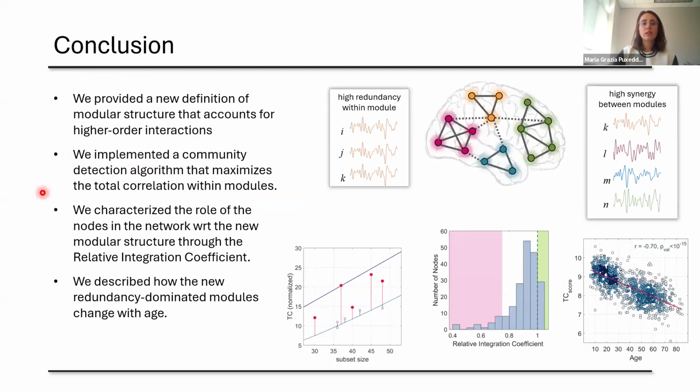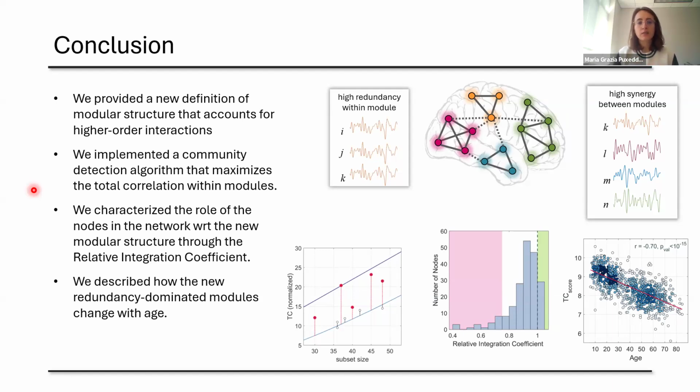So in conclusion, in this work, we provided a new definition of modular structure that accounts for higher order interactions. We also implemented an algorithm able to find this new modular structure. And again, it's a modular structure where we observe high redundancy within modules and possibly high synergy between modules, because in this way we can maximize this balance between segregation and integration of information.